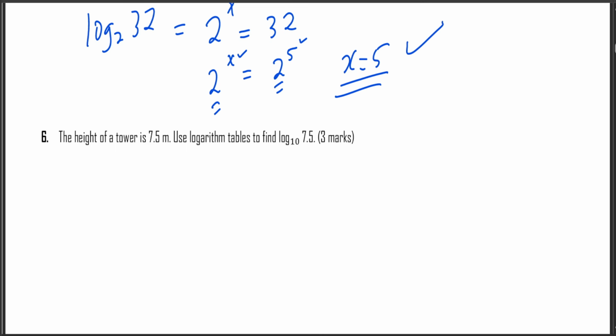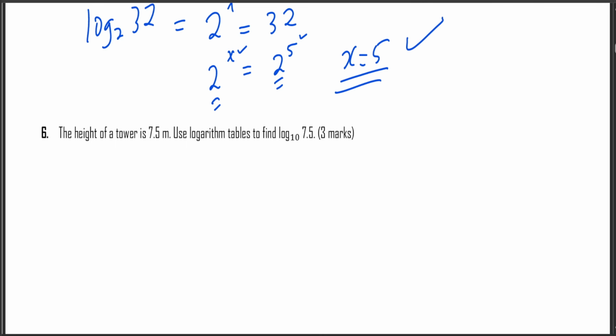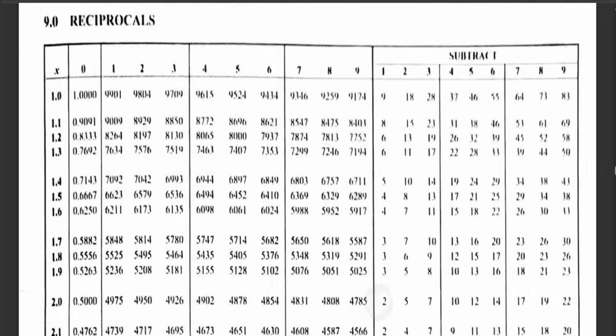Now the other question, the height of a tower is 7.5. Use logarithm tables to find log 7.5 base 10, which is quite easy, to be fair. Now go to the log tables. Now let's find log 7.5. Very easy, by the way.